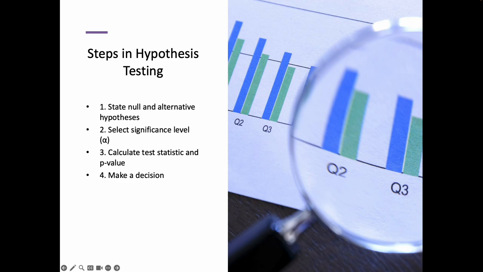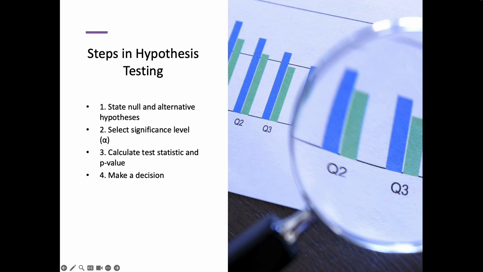After this step, we calculate the test statistic and the p-value. The test statistic is a value calculated from the sample data that we use to test the hypothesis, and the p-value is the probability of obtaining the observed results if the null hypothesis were true.